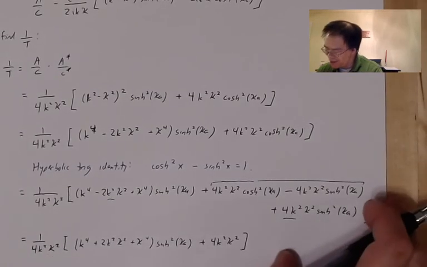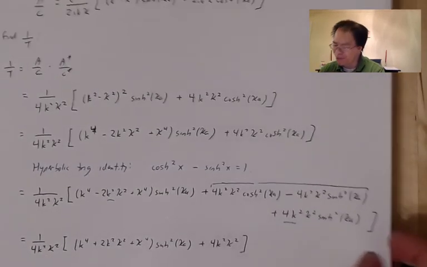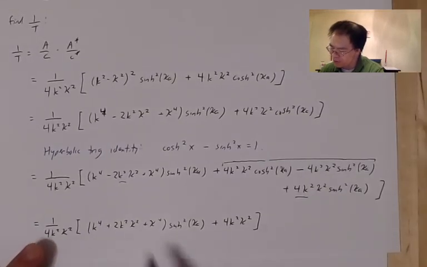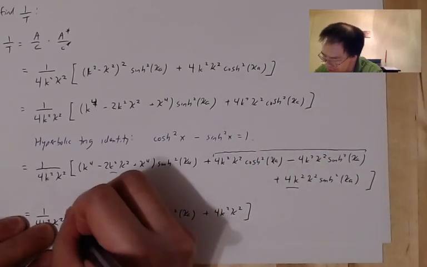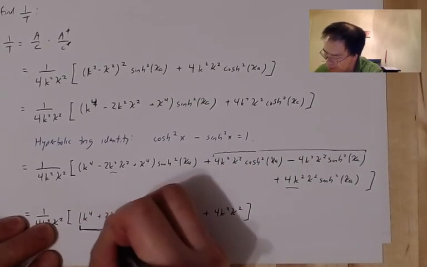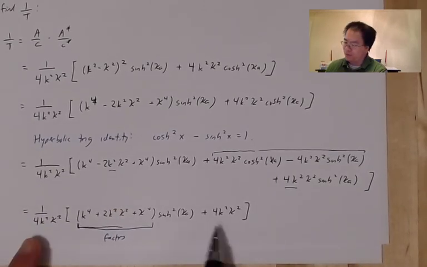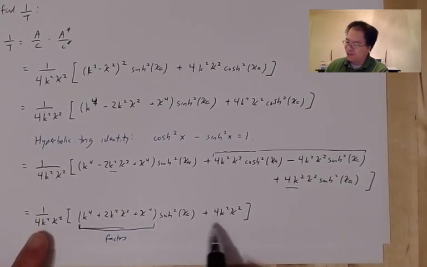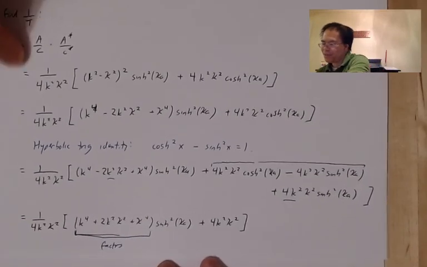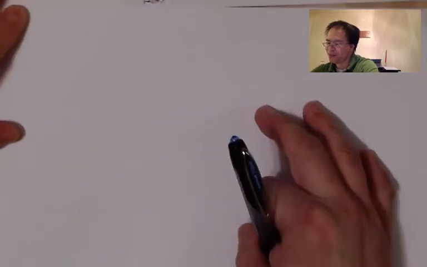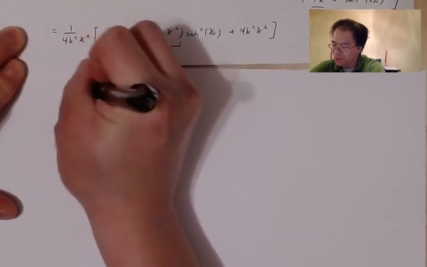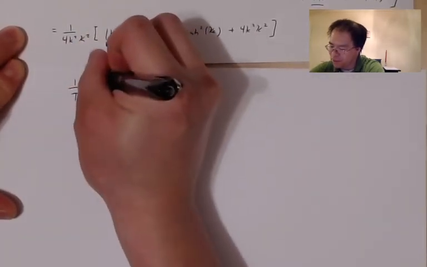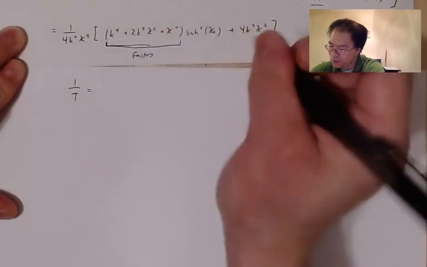Almost done. So almost there. Now notice that this factors. So this term factors, and if I multiply this in, that cancels that. So with further simplification, I get 1 over t equals, pull this in.